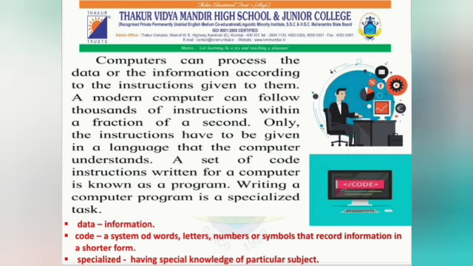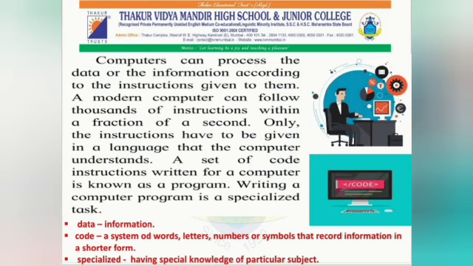Writing a computer program is a specialized task. Computers process the data as per the instructions given by us, provided the instruction is given in a language that the computer understands. Most of the computers rely on binary system that uses two variables, 0 and 1, to complete tasks such as storing data, calculating and displaying information.